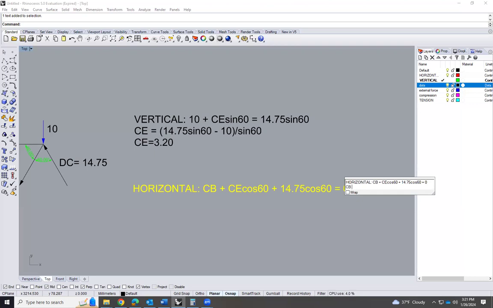CB equals negative 14.75 cosine 60 minus CE, it's 3.2 cosine 60.